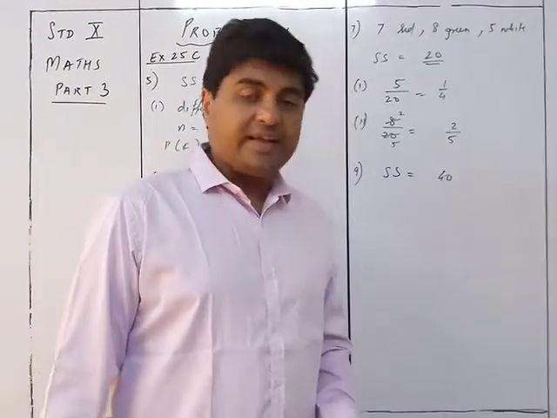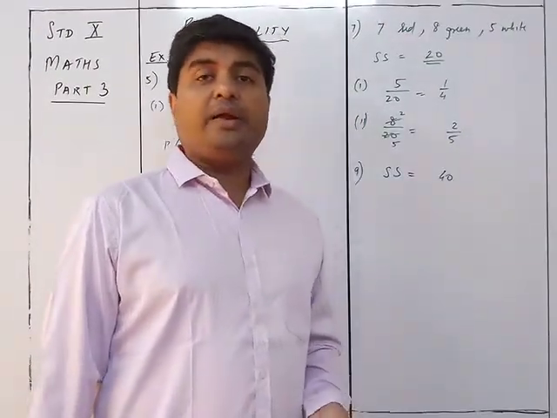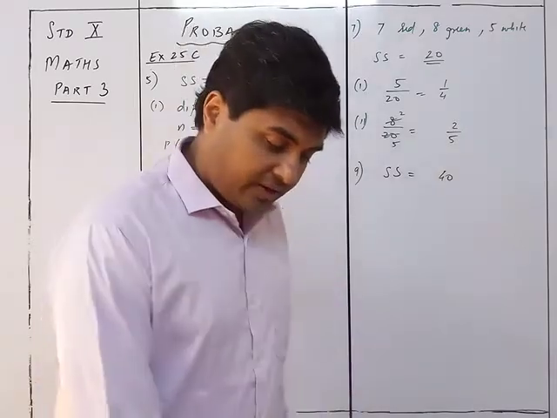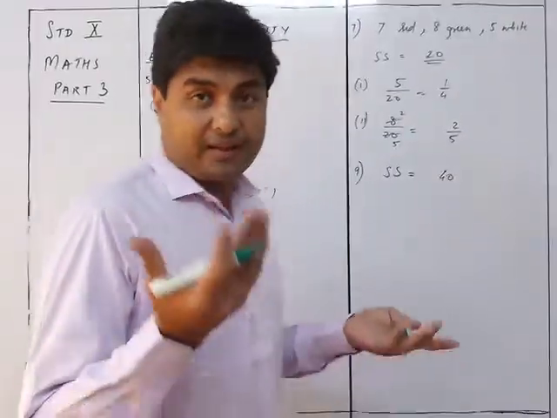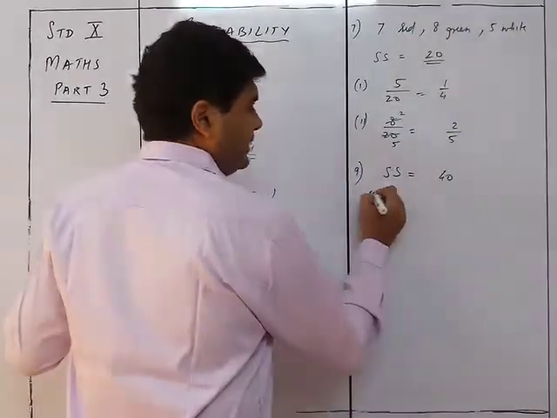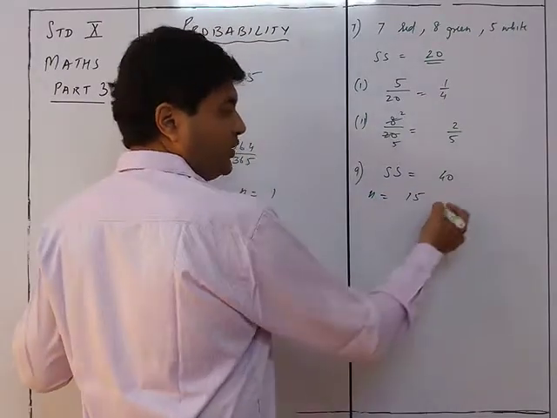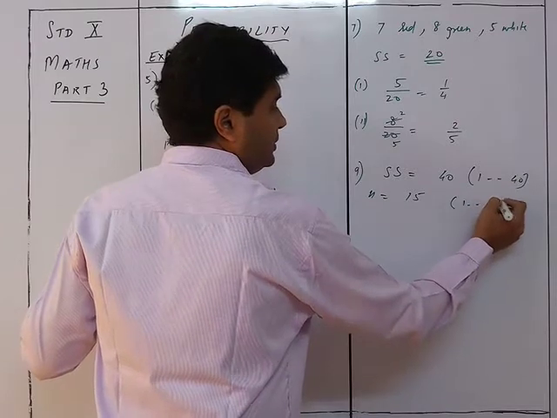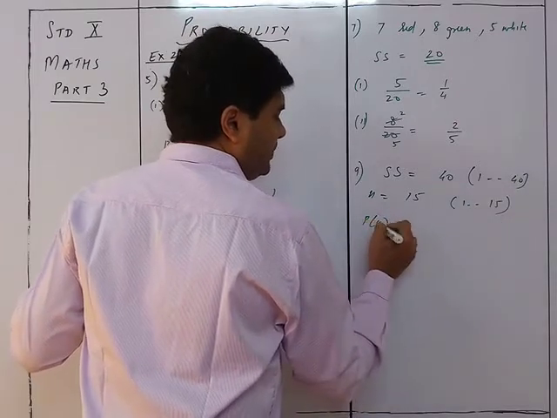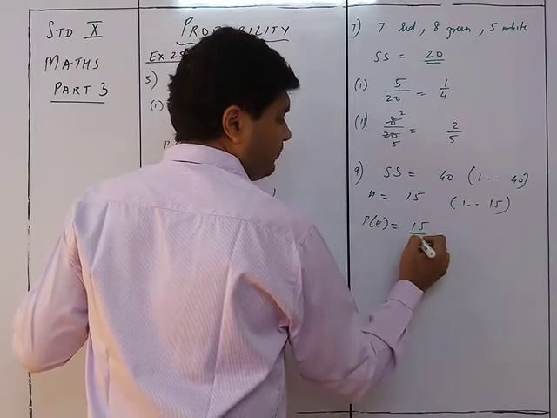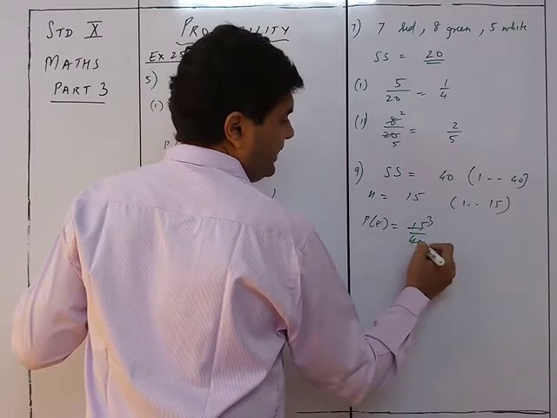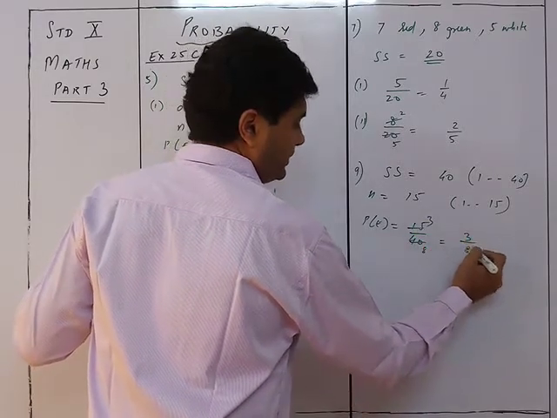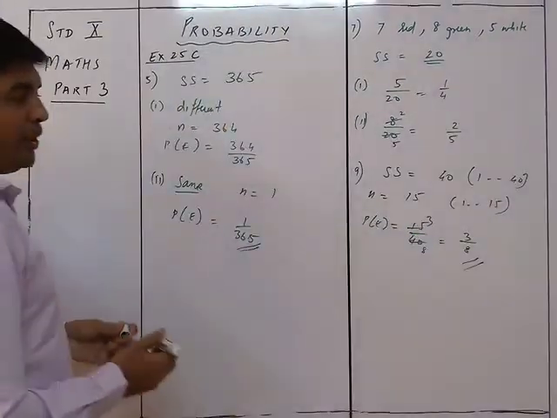And when you say the probability of E within the first 15 seconds, n is equal to 15, from 1 to 15. This is from 1 to 40 and this is from 1 to 15. So automatically P(E) will be equal to 15 upon 40, which is 3 upon 8. So that's the probability for sum number 9.